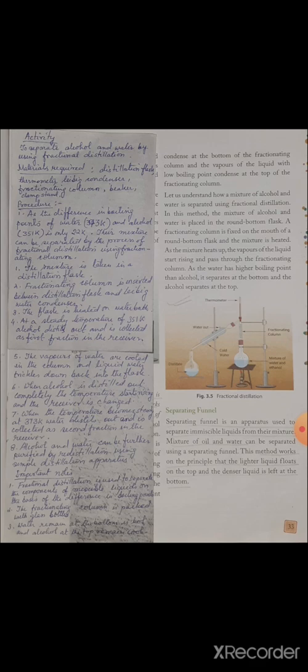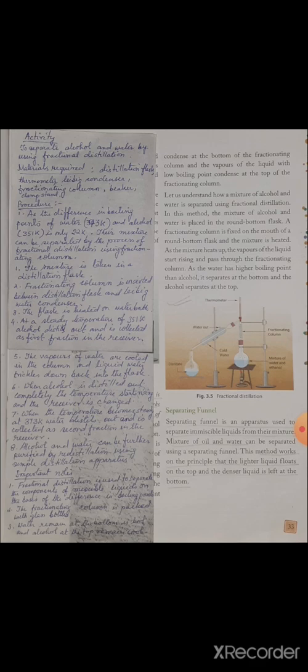When the temperature becomes steady at 373 Kelvin, water distills out and is collected as the second fraction in the receiver. Alcohol and water can be further purified by redistillation using simple distillation apparatus.